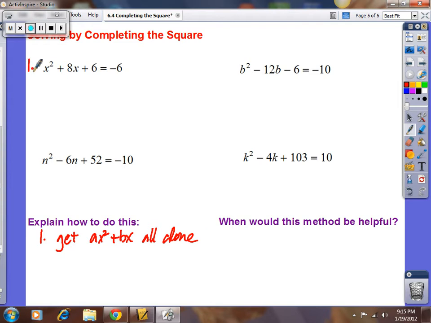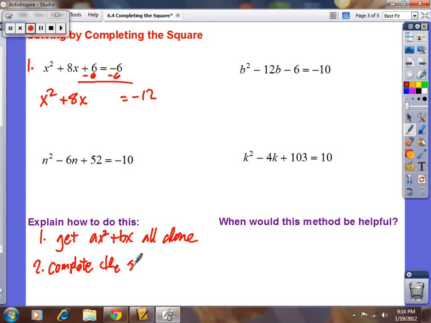You are going to follow step number 1. Get x squared plus bx all alone. So you're going to minus 6, minus 6. That's move 1. So you got x squared plus 8x equals a negative 12. Okay, move number 2 is what we just barely did. You're going to complete the square.